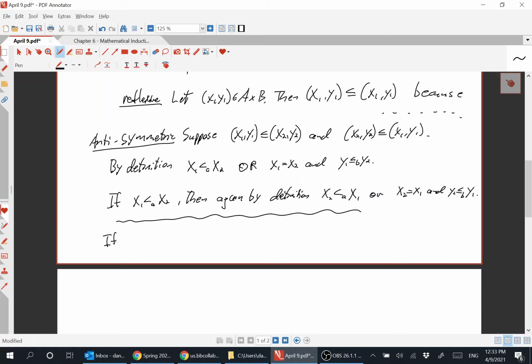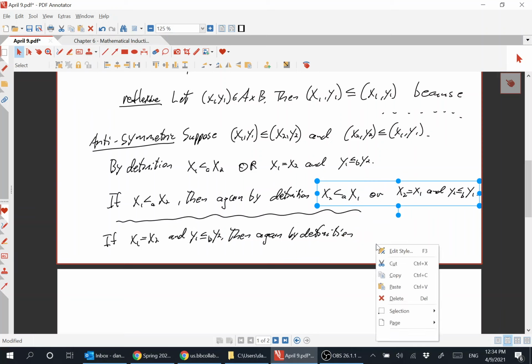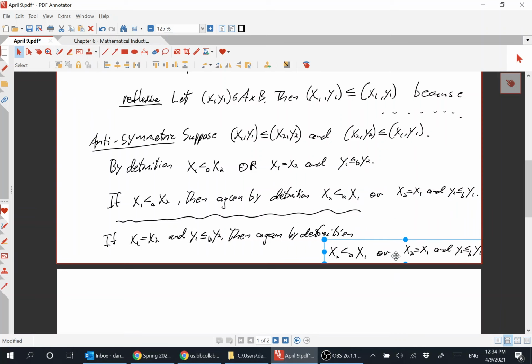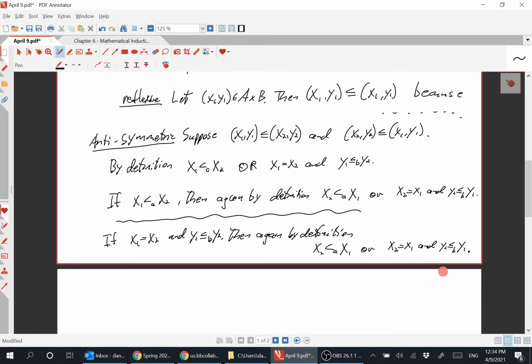Okay. Second possibility, if x1 is equal to x2 and y1 is less than or equal to in B, y2, then, again by definition, all right, well, if x1 is equal to x2, this one is impossible.